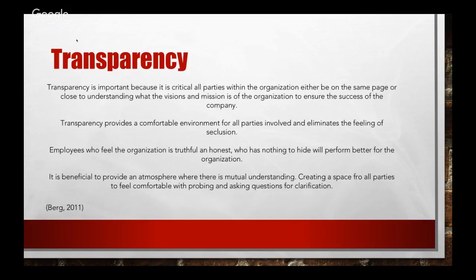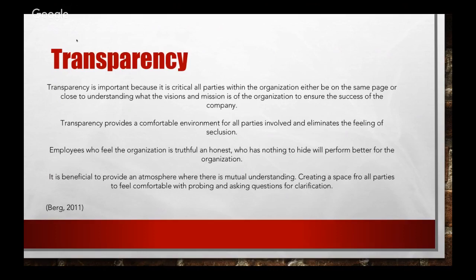Why it's important to have transparency in the organization. So transparency is important because it is critical to all parties within the organization, so that everyone can be on the same page, close to understanding what the vision and mission of the organization is, to definitely ensure the success of the company.